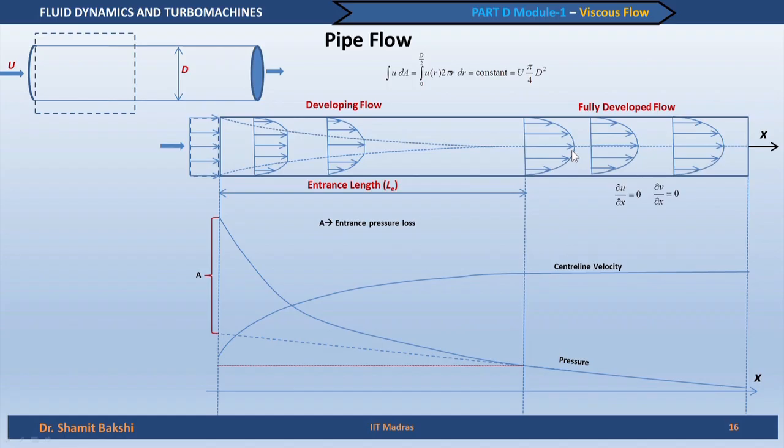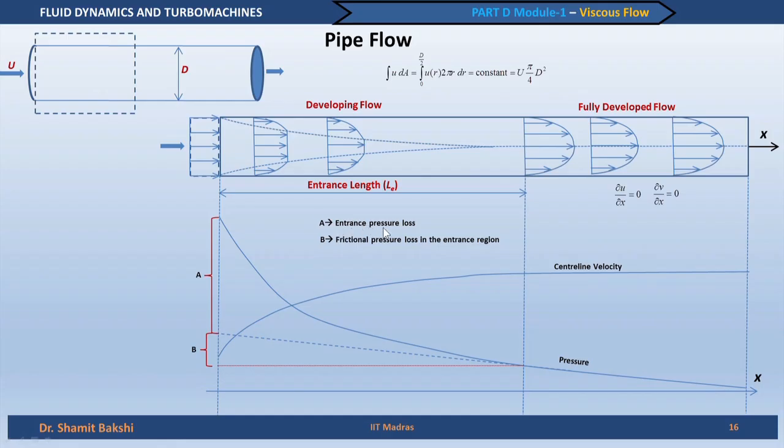Coming back, the velocity profile here changes slowly, and for this kind of flow the frictional pressure loss is linear. It varies linearly with distance. By extrapolating we can estimate this part, that is the frictional pressure loss in the entrance region, and A is the entrance pressure loss.